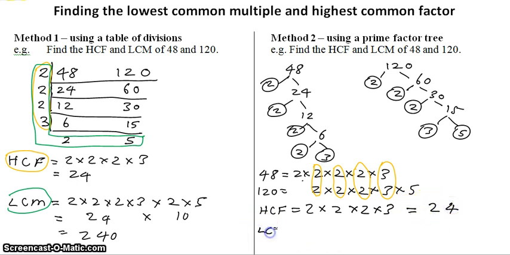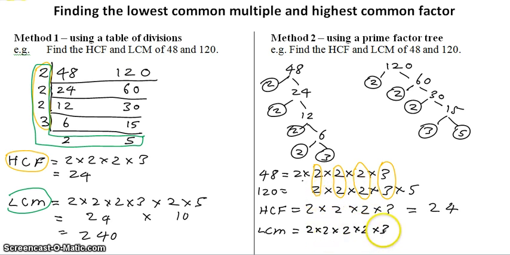Now the lowest common multiple, you notice how I've set them out there. Basically what we have to do is we have to get 48 into our number, and we have to get 120 into our number. So in order for it to be 48, it has to be 2 times 2 times 2 times 2 again times 3. So there's your 48. Now in order to get 120 in there, you'd need 3 2s, which we've got.